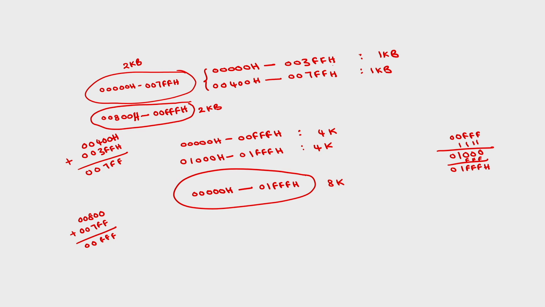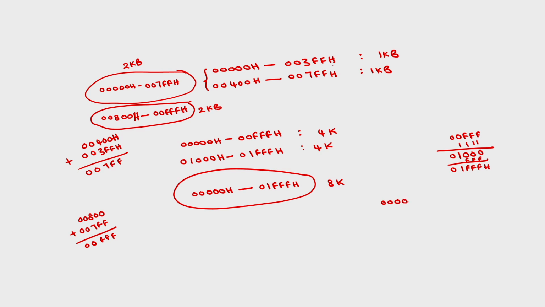Okay. So for starting 00000H, ending 003FFFH, this is 1K. Here I am going to summarize 1K, 2K, 4K, 8K, up to 8K. Normally you will use a maximum of 8K, or you can go even higher in a similar manner.